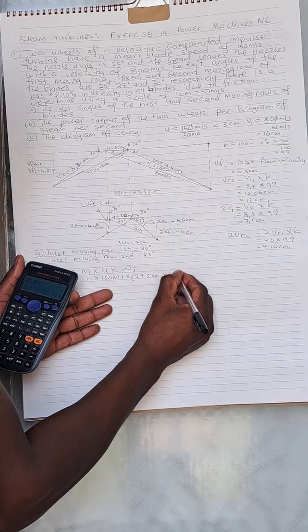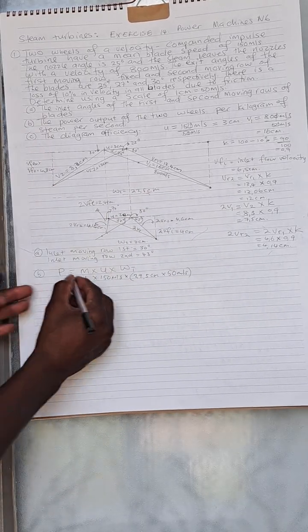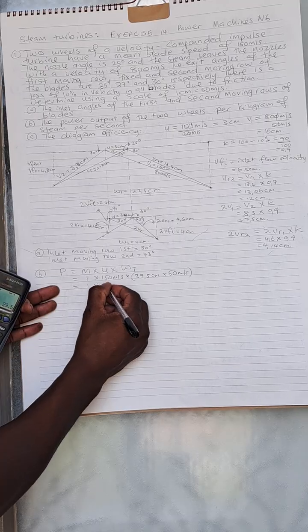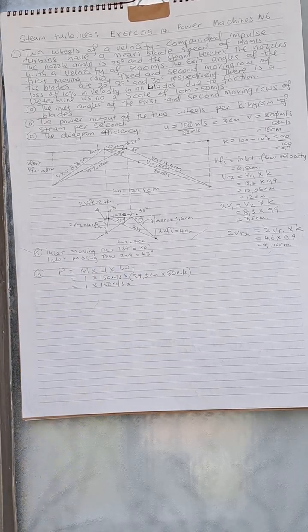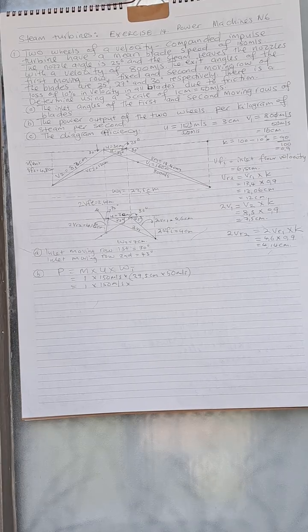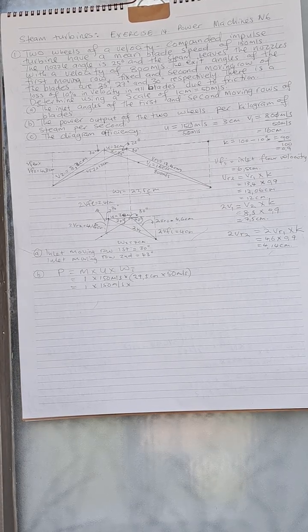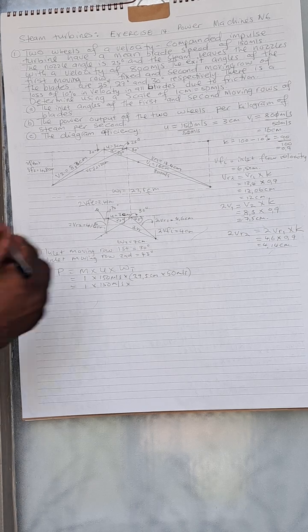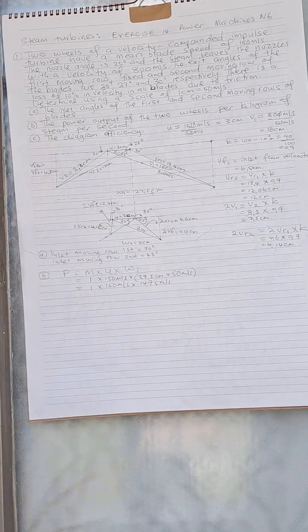We must multiply by our scale, taking it back to meters per second. So 1 centimeter is 1/5 meters per second, let me convert this. 29.5 times 50, which I'm getting as 1475 meters per second.